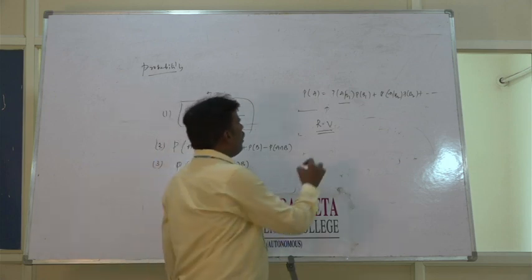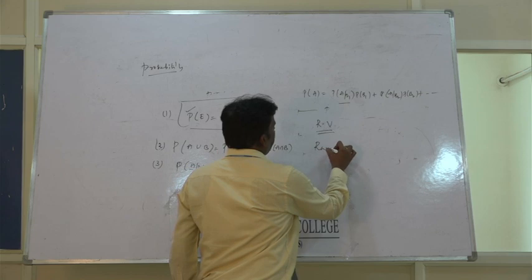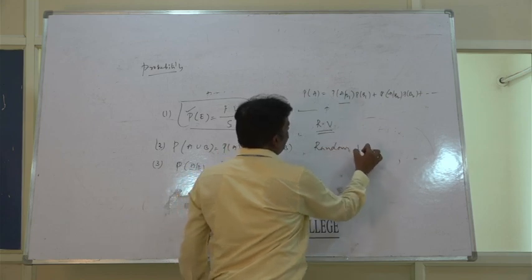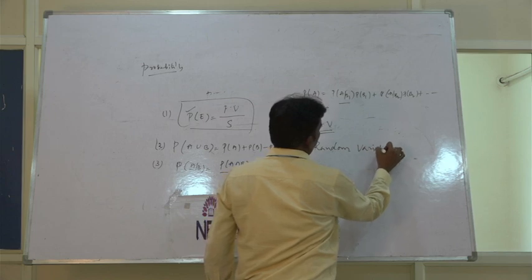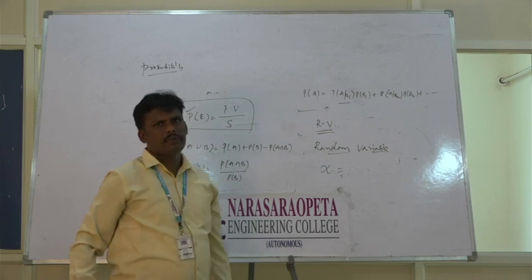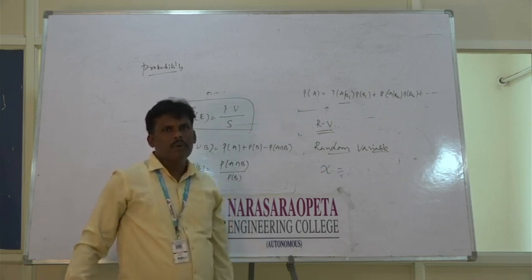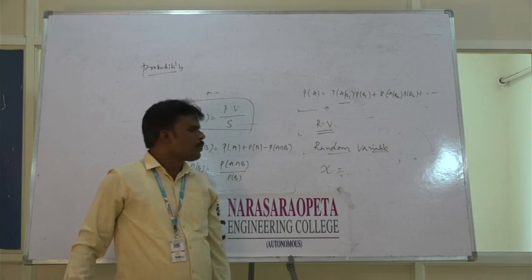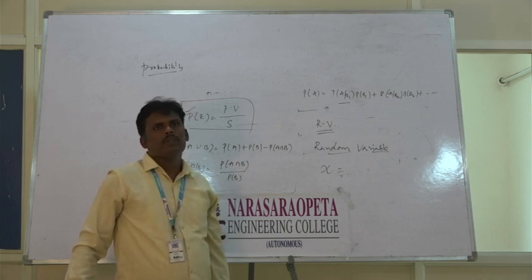That is called a random variable. It is always denoted by capital X. The experimental elements are real values, and those are called random variables.